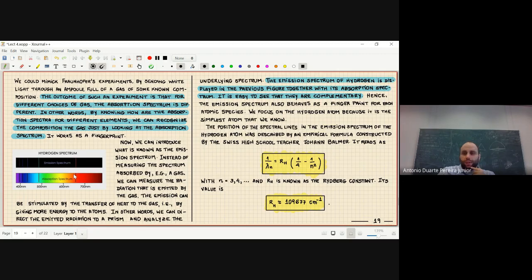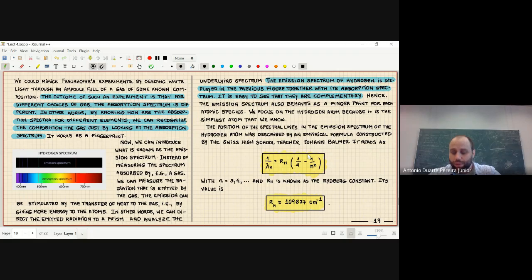And he was thinking, well, is it possible to describe where these dark lines sit in the wavelength spectrum by a mathematical expression? So he just asked this question, and just by looking at this absorption spectrum, for which he knew the values, Balmer wrote this formula here.